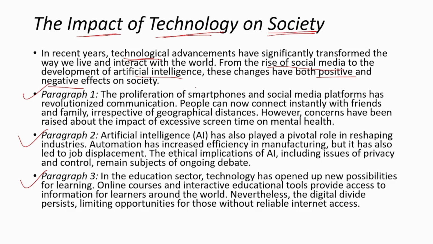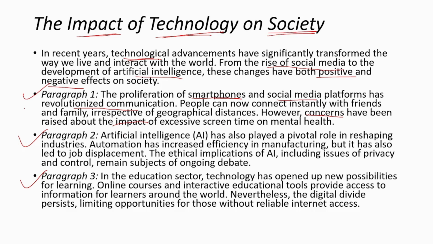First, it tells you about the use of smartphones and social media platforms, which is revolutionizing the way people communicate with each other. It also helps connect people throughout the world, and it also brings rising concerns. Concerns and impact mean similar things, so they are synonyms of each other.